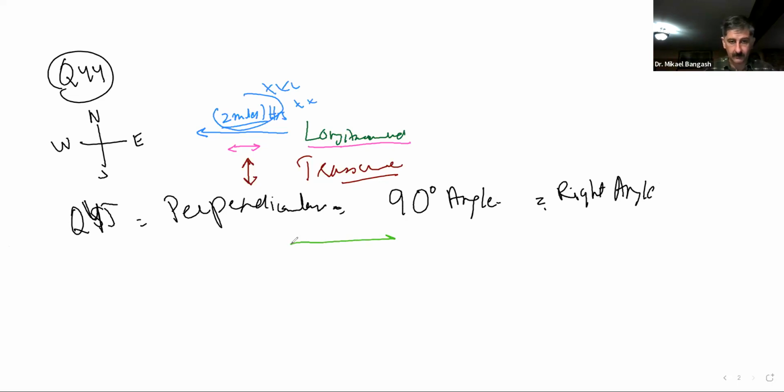Now, what they mainly say is that let's just take any direction of the particle motion. Let's say that the particle motion is in this direction here. And the direction of the wave is perpendicular, or a 90-degree angle. Now, what kind of wave do we have here? It's going to be a transverse wave.